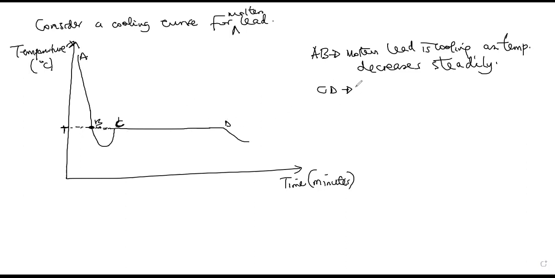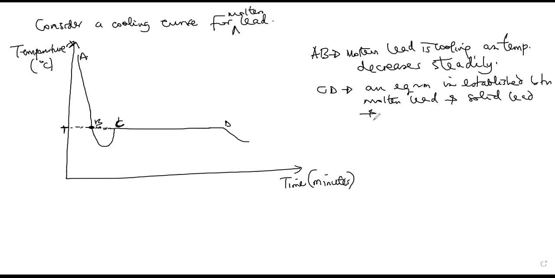So along CD, an equilibrium is established between molten lead and solid lead, and this occurs at constant temperature.